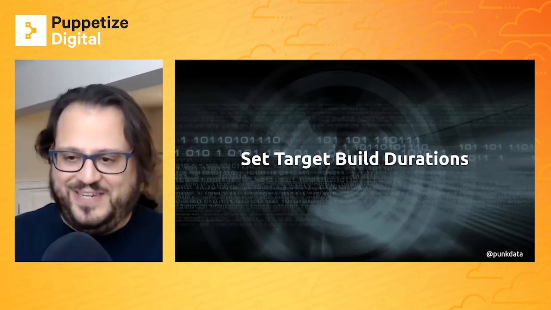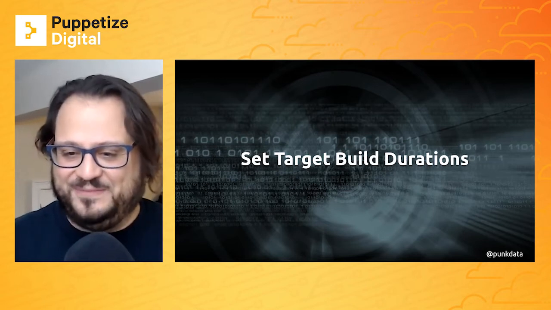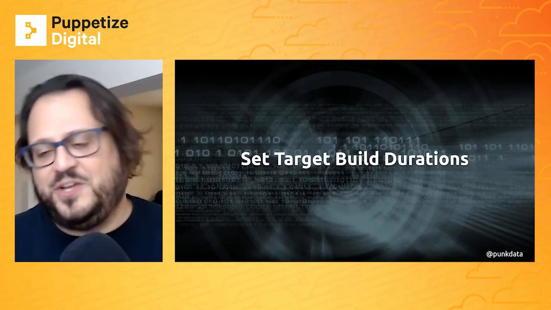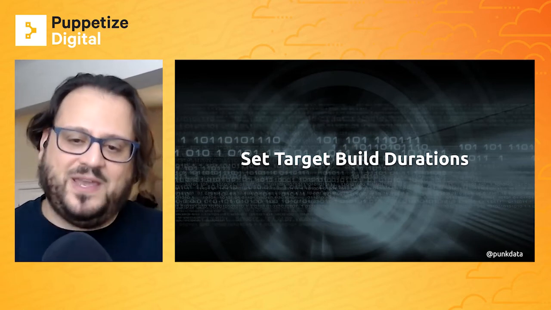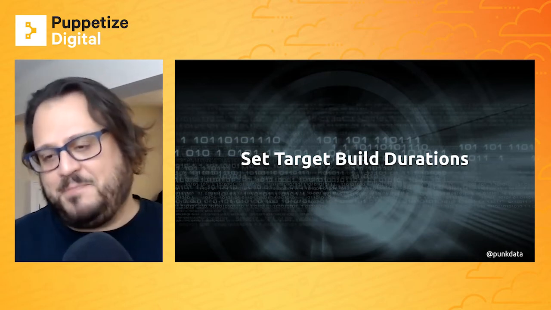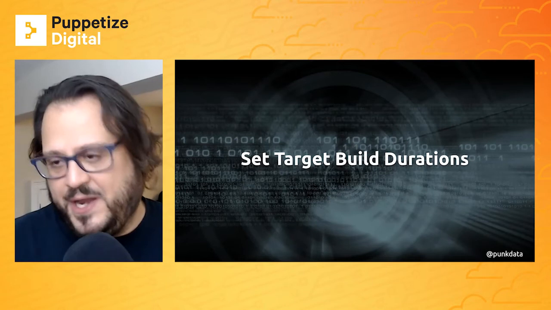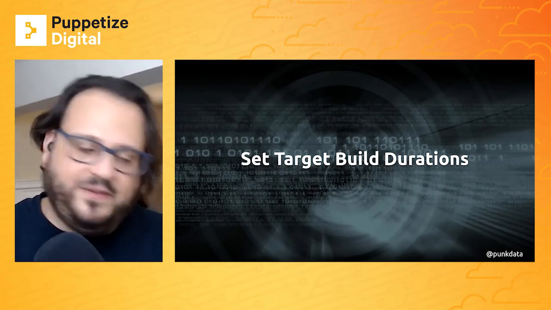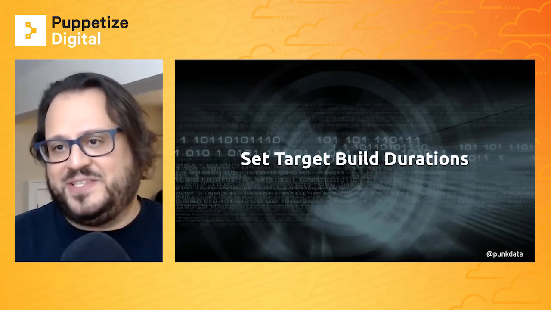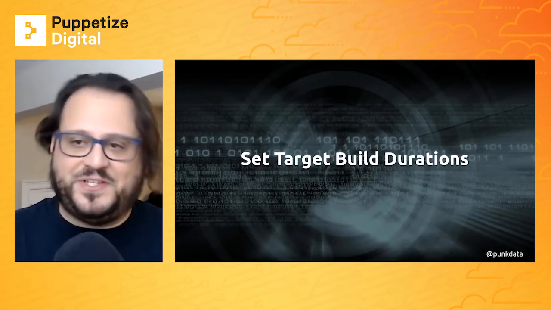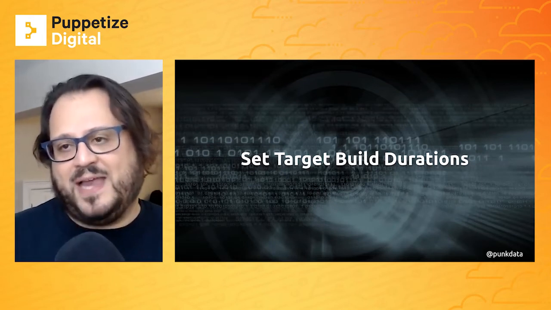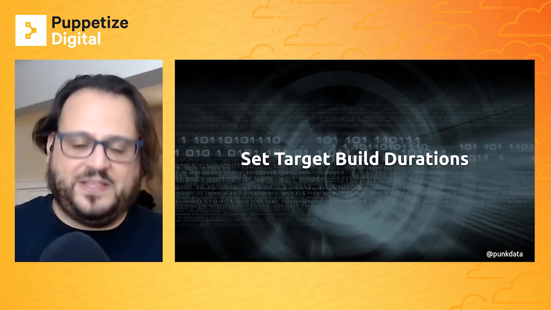Now I know it's a really hard goal to achieve, 1 minute, and almost unrealistic in some cases, but that's okay, because that's just the goal, right? I'm always aspiring to be 1 minute and under in my builds. And yes, there's always outside factors, like if you're deploying to a cloud provider, obviously, depending on the service you're using and how responsive the cloud provider is on the back end, will dictate how long that deployment will take.